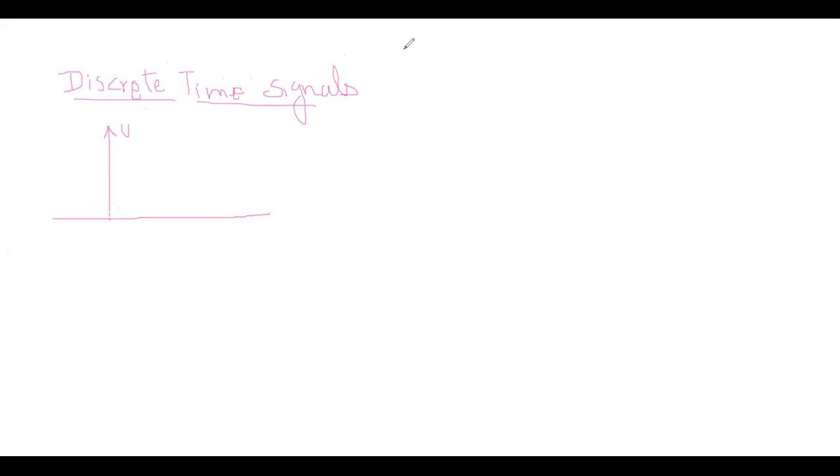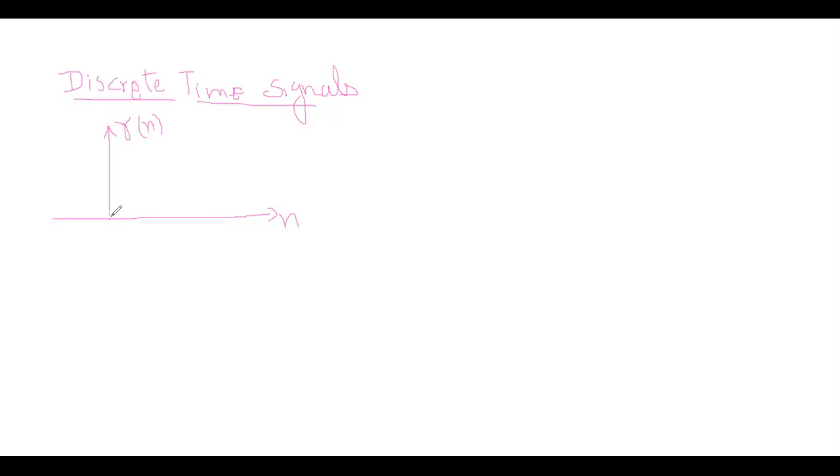Not the step function, let us take a ramp function r of n, not r of t, because it is a discrete time signal with variable n.